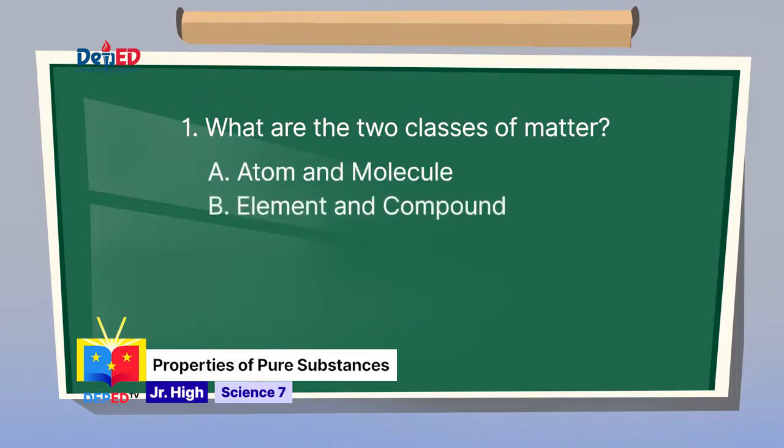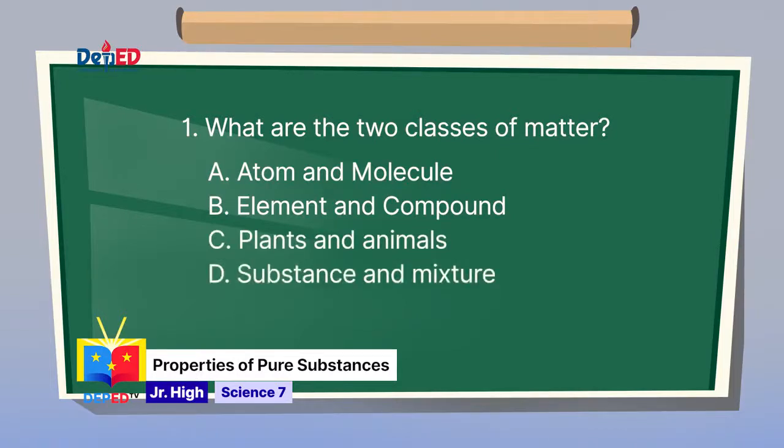B. Element and compound. C. Plants and animals. D. Substance and mixture. The two classes of matter are substance and mixture. The correct answer is letter D.